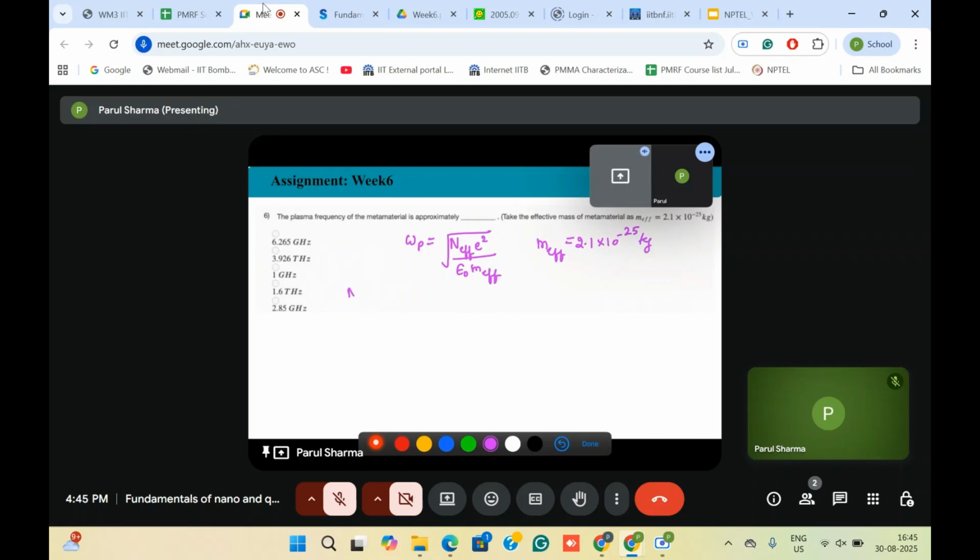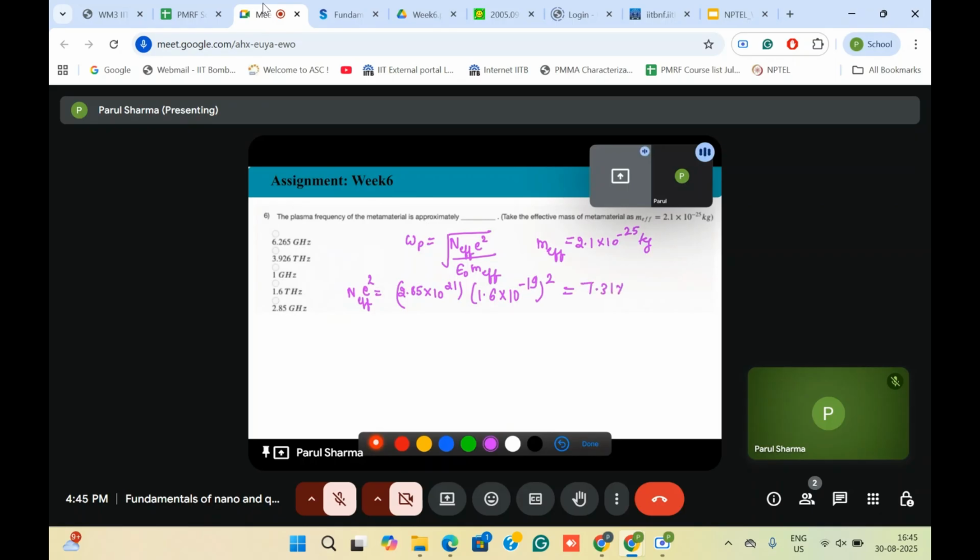So what is n effective? We just calculated in the previous question n effective as 2.85 into 10 raised to power 21 square. And n effective into e squared: 2.85 into 10 raised to power 21, and the electron charge is 1.6 into 10 raised to power minus 19.